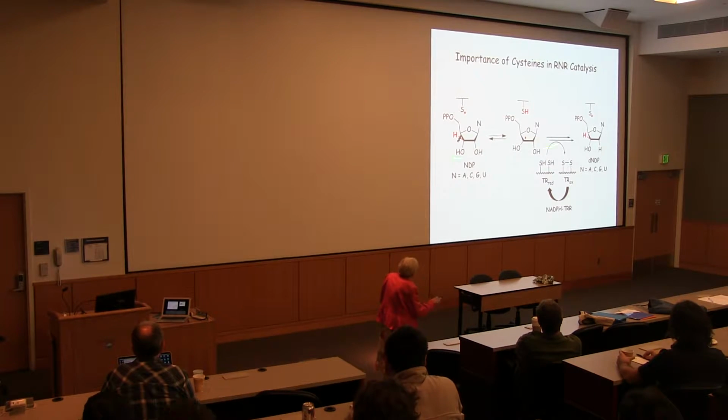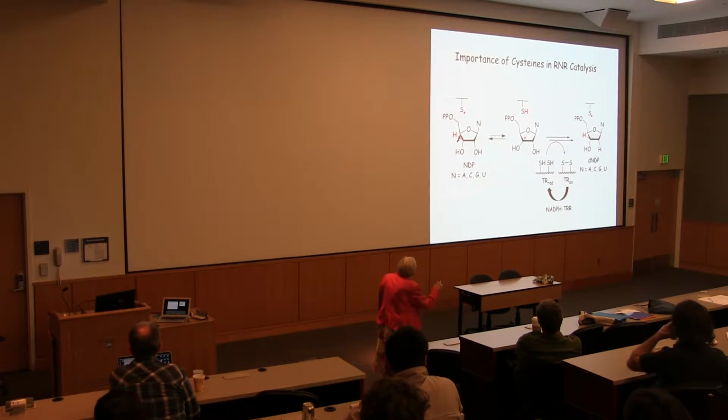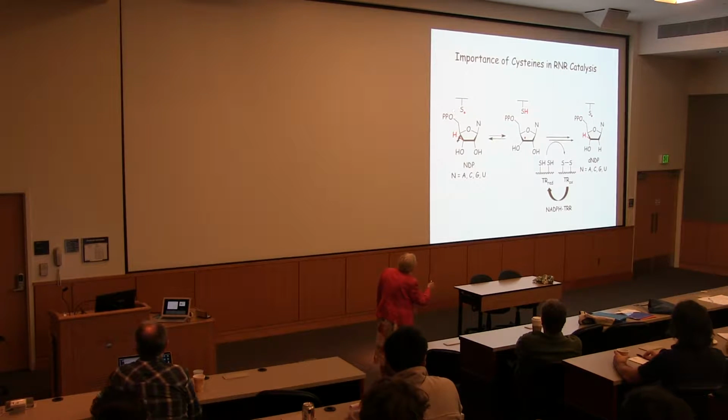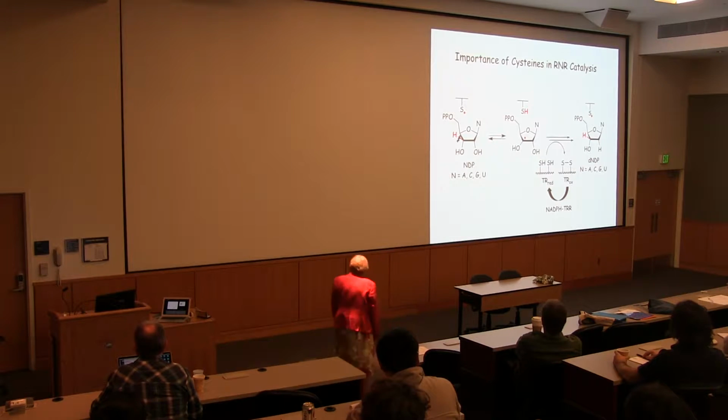You go through a long series of complicated, detailed radical chemistry, most of which I'm not going to talk about, and then you get deoxynucleotide, and the hydrogen abstracted from this position is returned to the same position. So this cysteine, unlike the two on the bottom face, undergoes a transient reduction and reoxidation on every turnover.